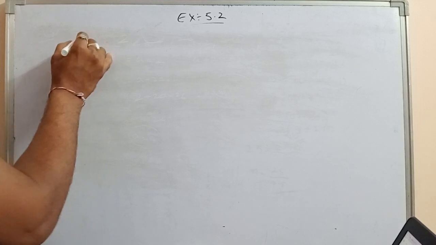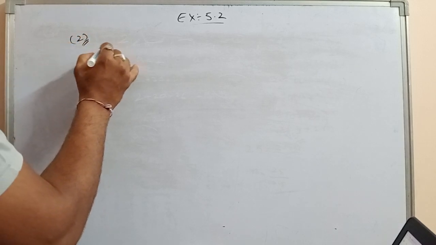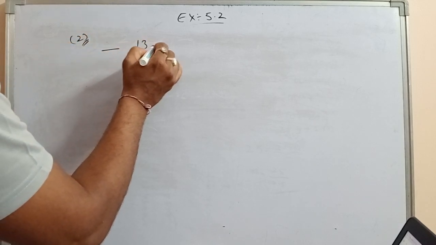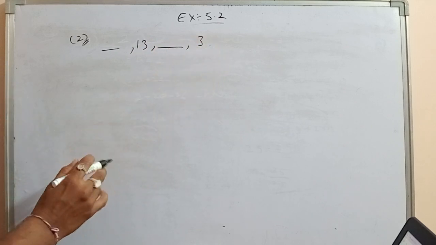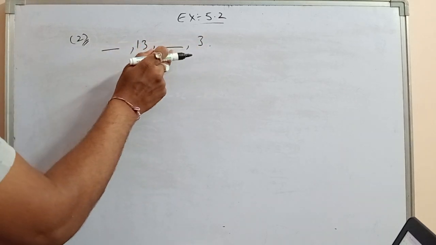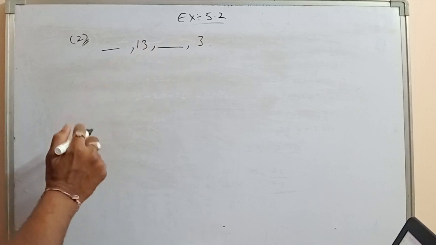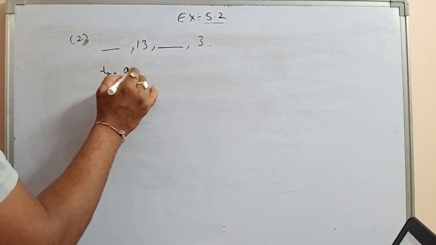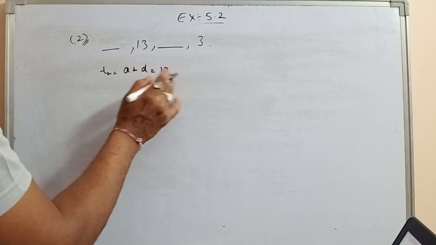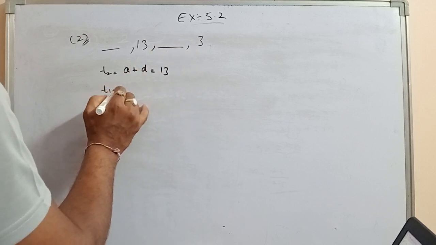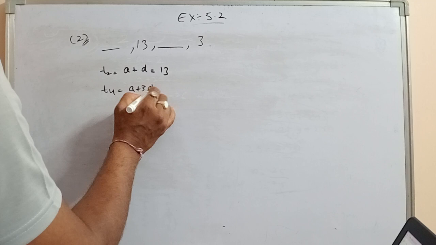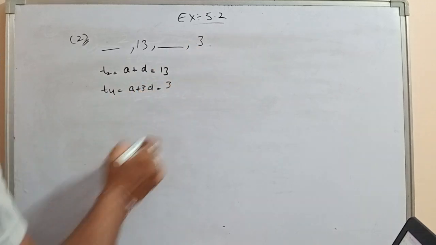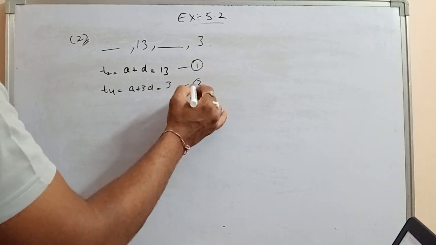So when it comes to the second one, dash, comma, 13, comma, dash, comma, 3. We don't know the first and third terms. We know only the second and fourth terms. So T2 is equal to a plus d is equal to 13, right? And the fourth term T4 is equal to a plus 3d is equal to 3. This is the first equation and this is the second equation.